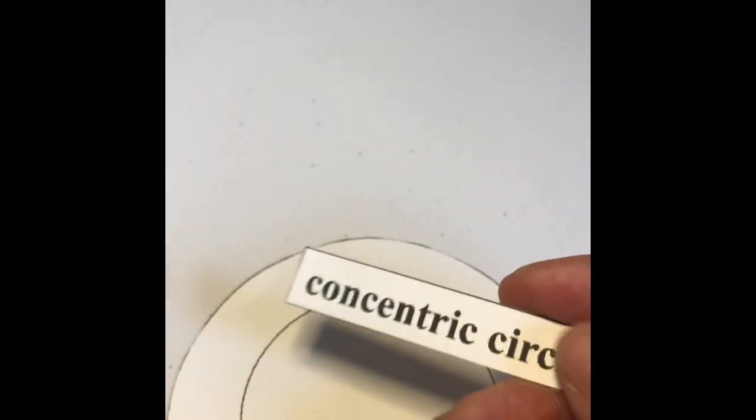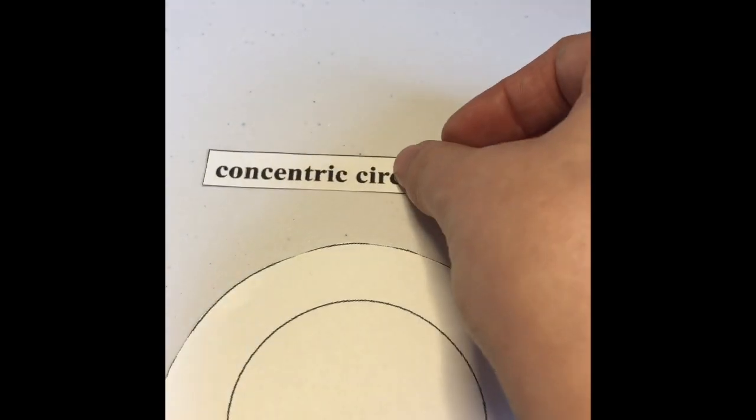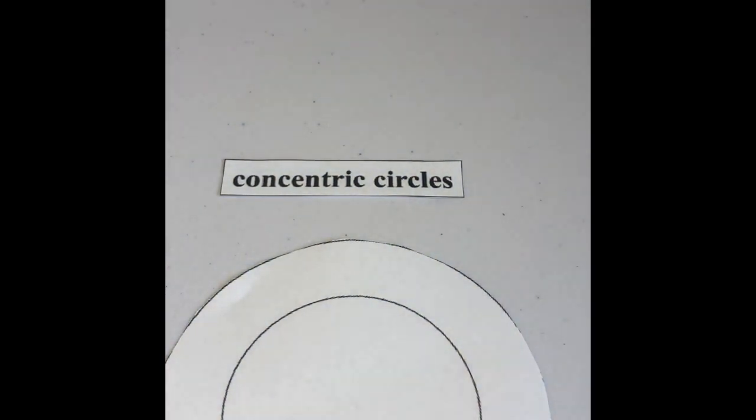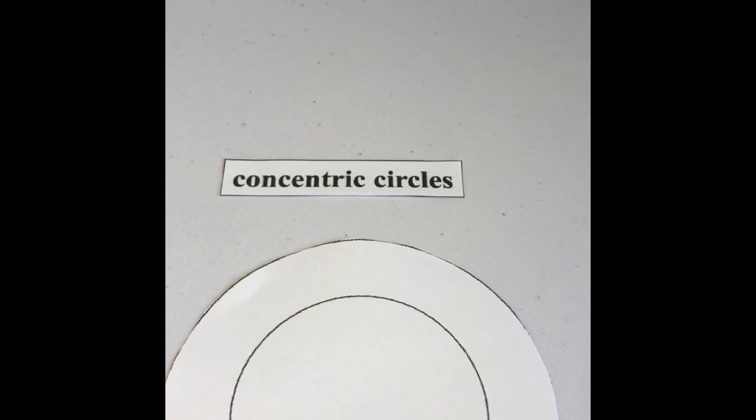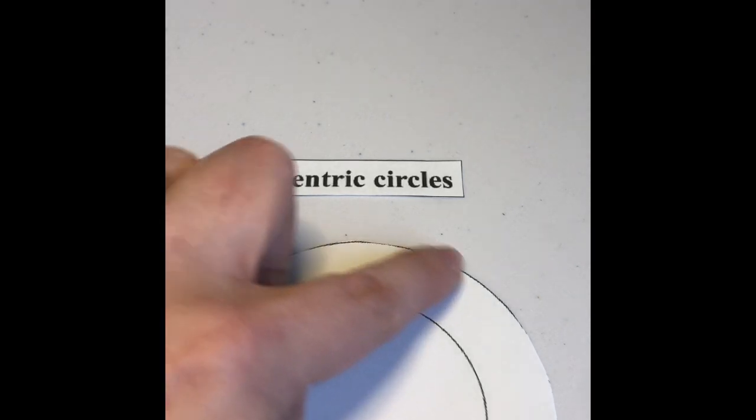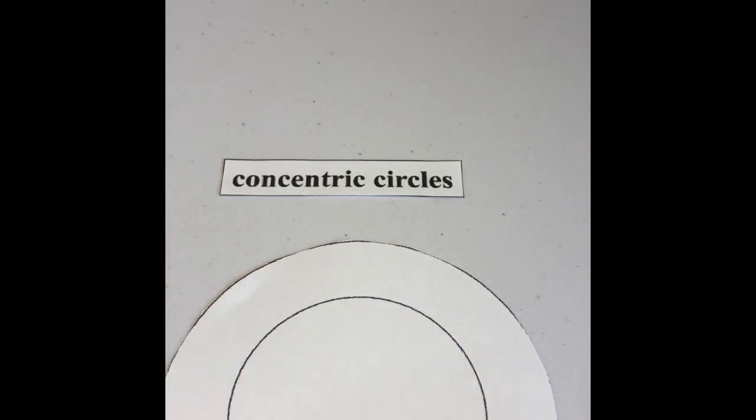So I'm going to take my sector that I made, and I'm going to place it above my concentric circles. Now, this part in between the two circles is called a concentric circular sector. But if we lived in Ireland, we'd call it a crown. Why do you think they call a concentric circular sector a crown?